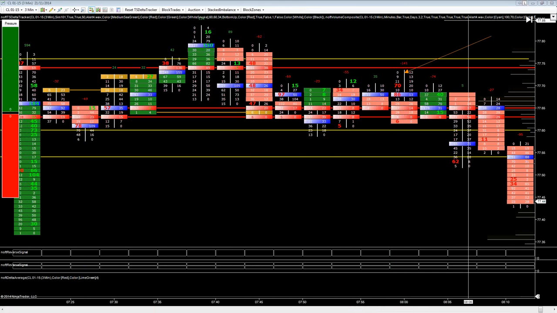So as we come into that level, what am I seeing? This is what I'm seeing on the NOFT. I'm seeing red lines showing up.